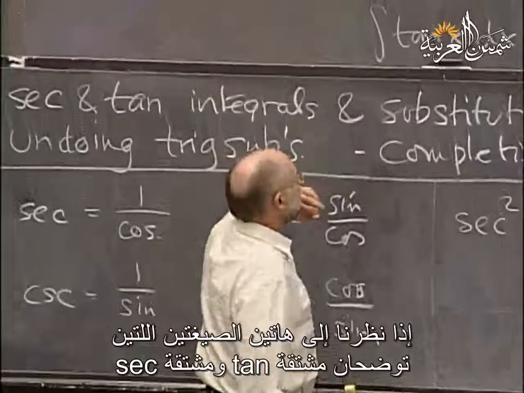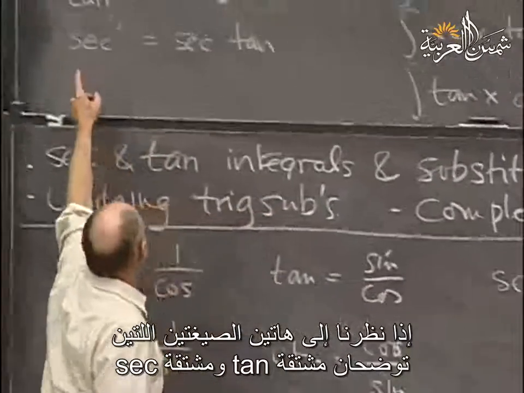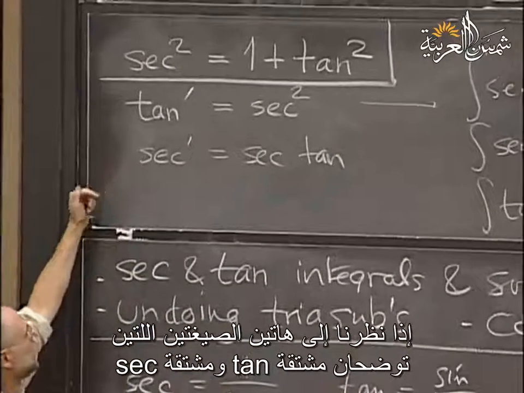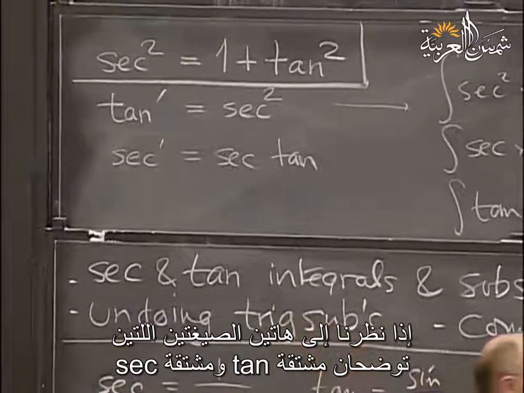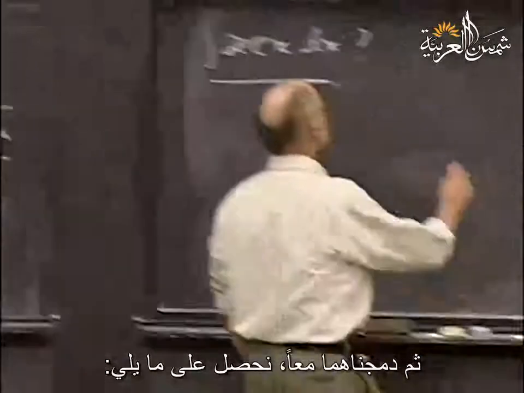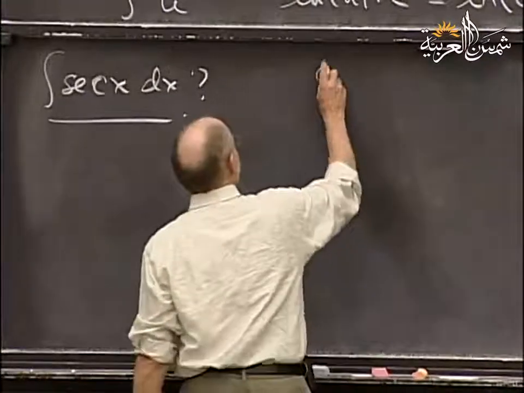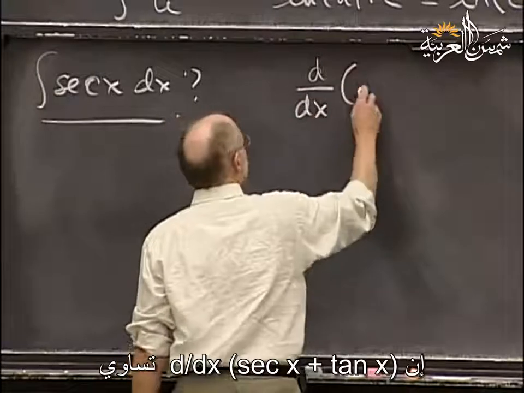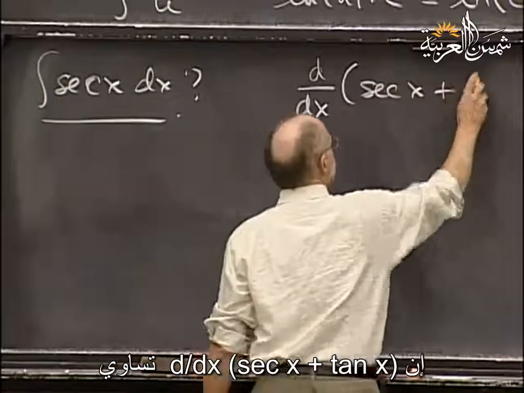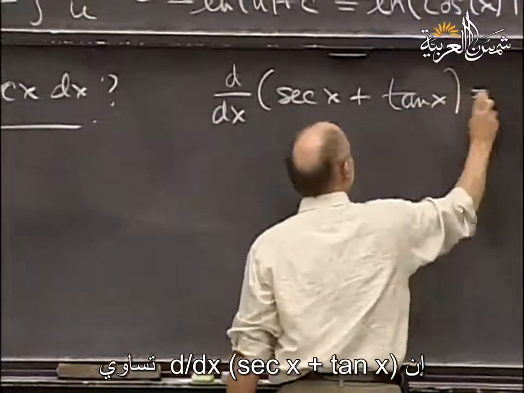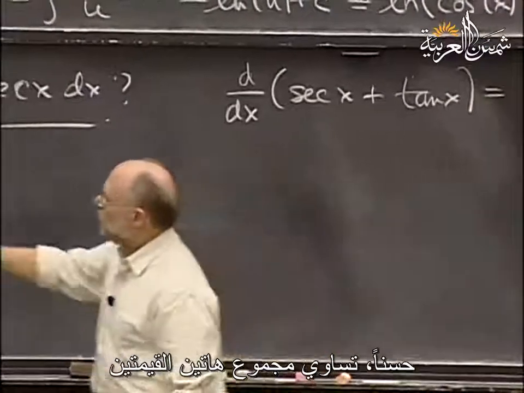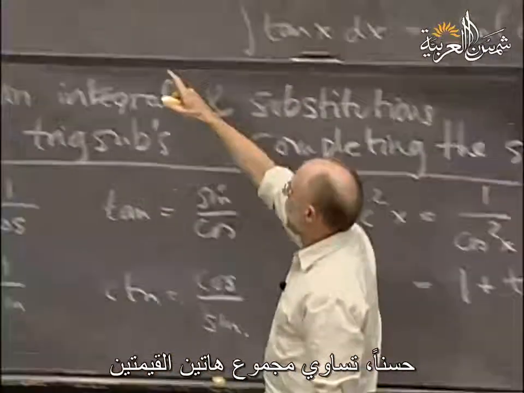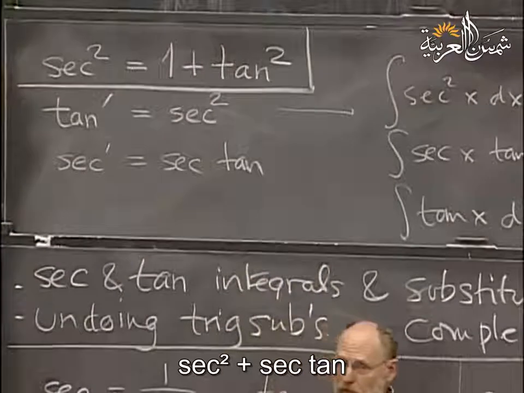If I take these two facts, tangent prime is what it is, and secant prime is what it is, and add them together, I get this fact, that the derivative of the secant of x plus the tangent of x is, well, it's the sum of these two things, secant squared plus secant tangent.